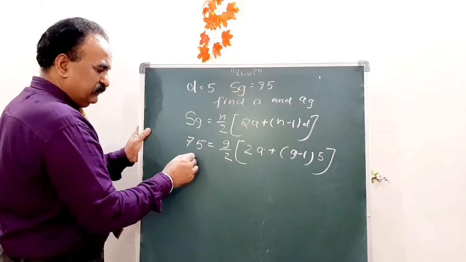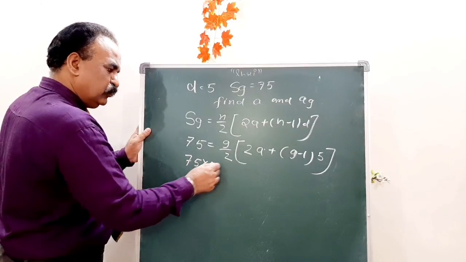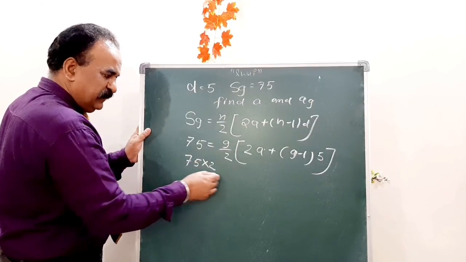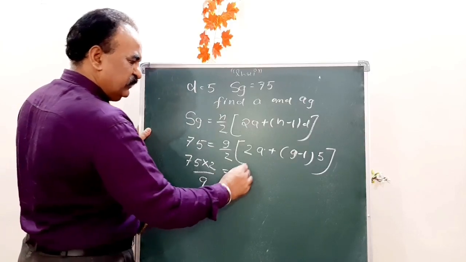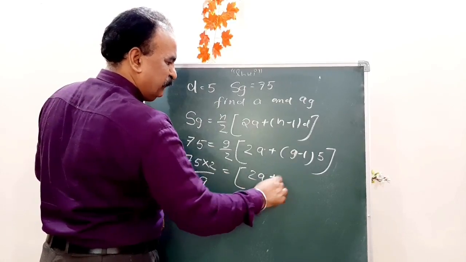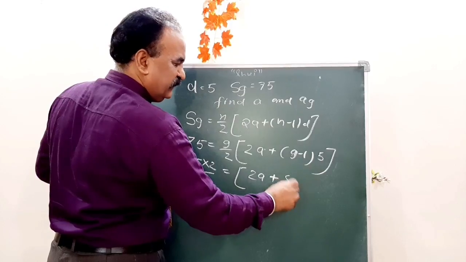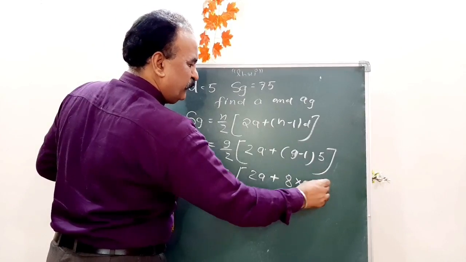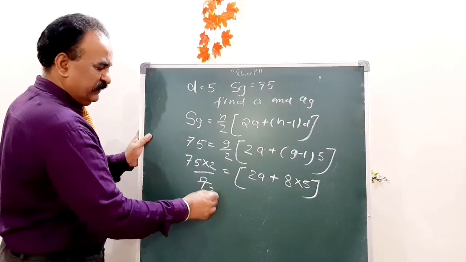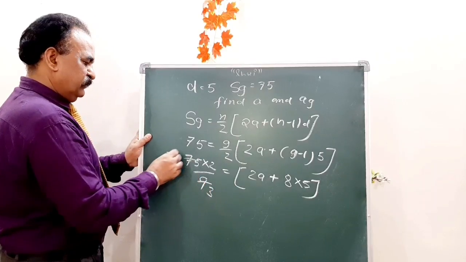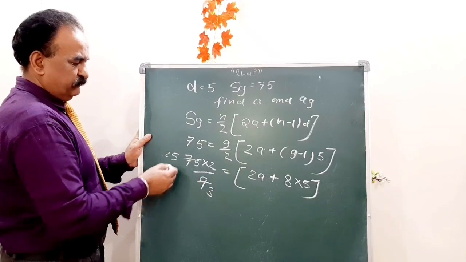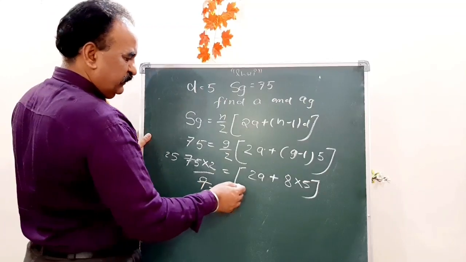So you can write 75 into 2, take 9 in the denominator, is equal to 2a plus 8 into 5. Three nines are 27, so 25 by 3 comes.